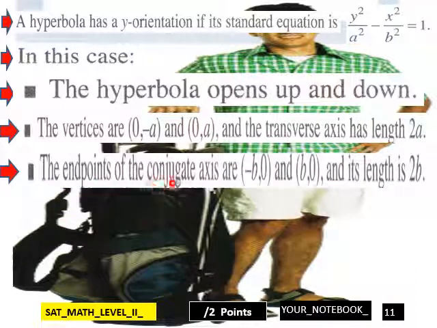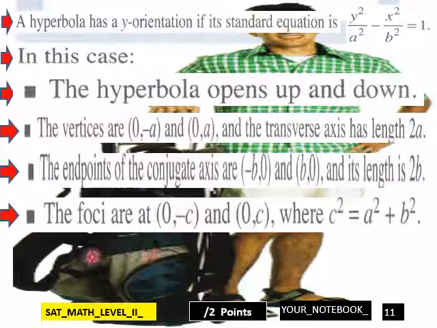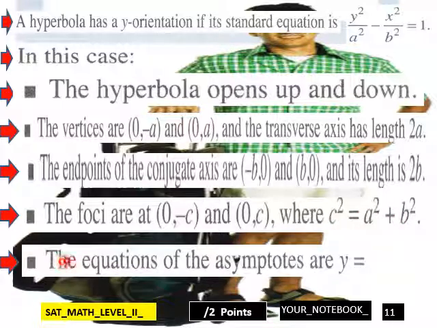The endpoints of the conjugate axis are (negative b, 0) and (b, 0), and its length is 2b. The foci are at (0, negative c) and (0, c), where c squared equals a squared plus b squared. The equations of the asymptotes are y equals plus or minus a over b times x.